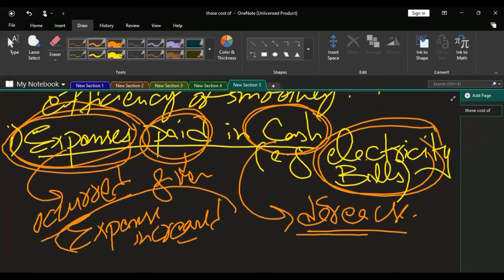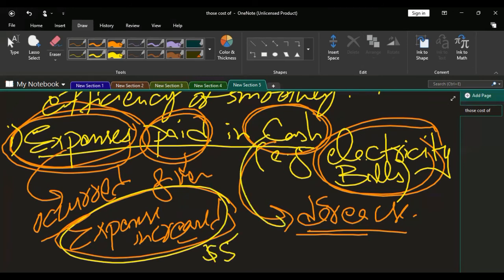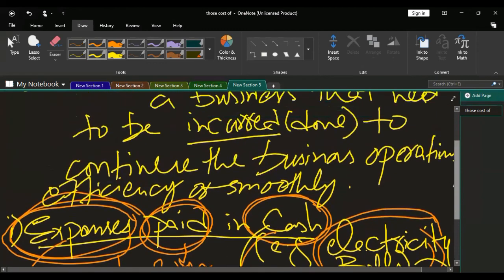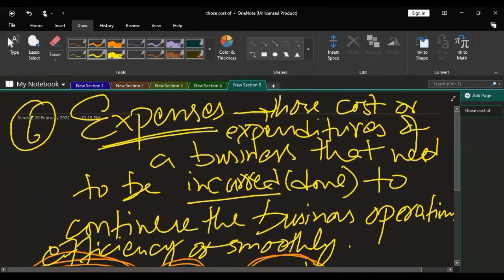So the business expenses have increased by the amount of $5, and the cash has been reduced while this expense has been paid through it. So here you have seen expense nature transactions.